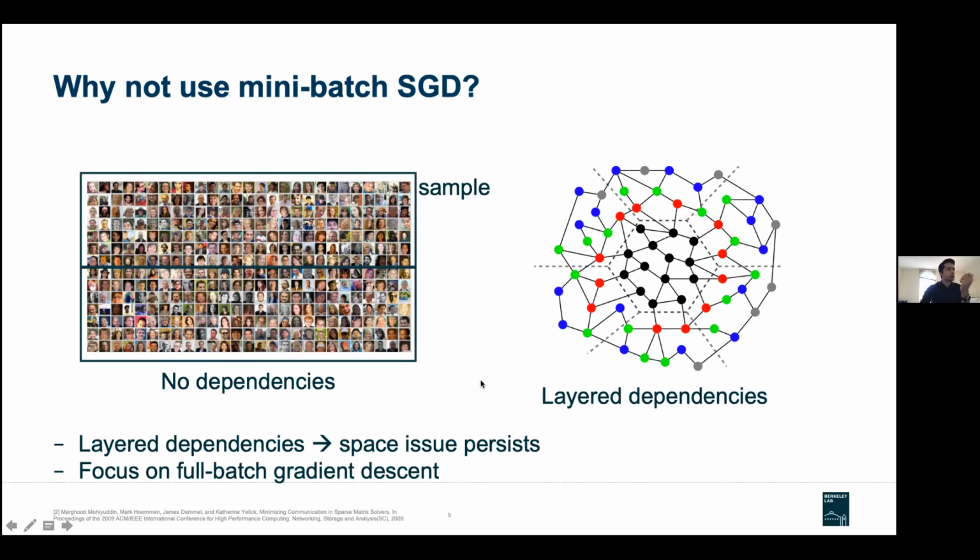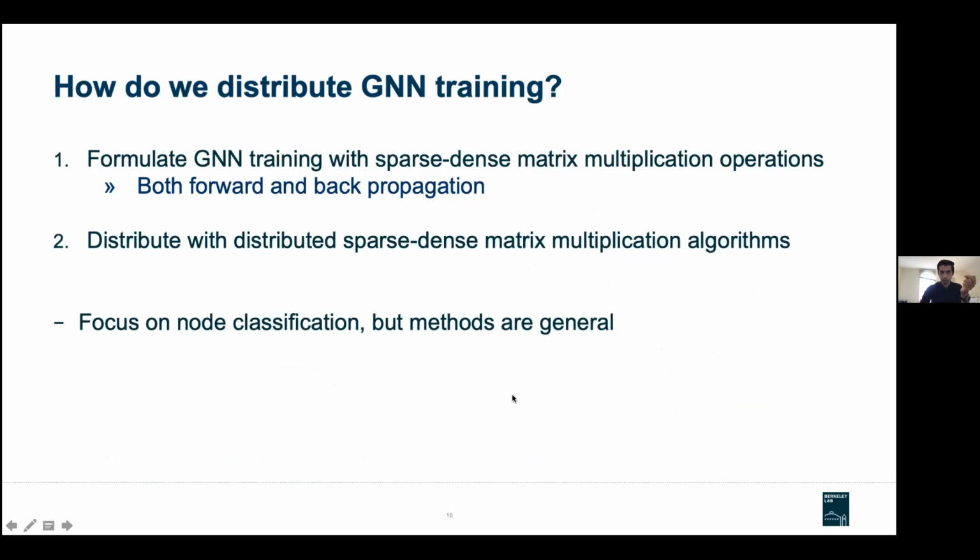And so how do we actually do distributed deep learning training or distributed GNN training in our framework? What we essentially do is we take the whole model. We don't do any mini batching or anything. We take the whole model and we distribute this model across multiple devices.